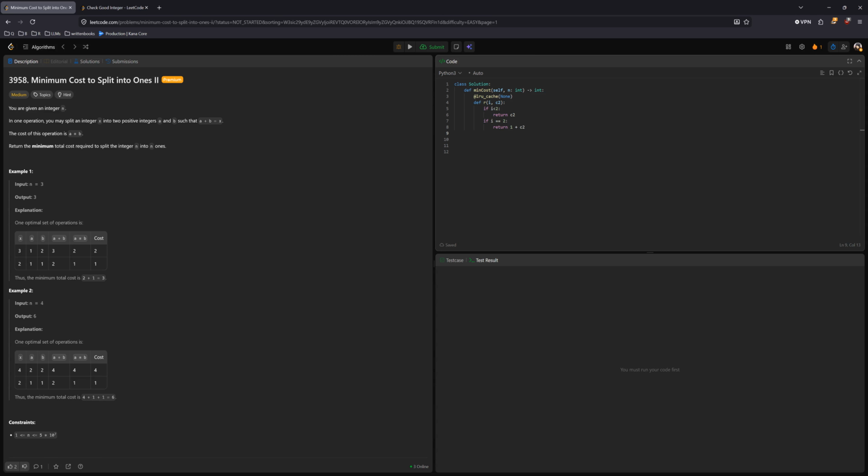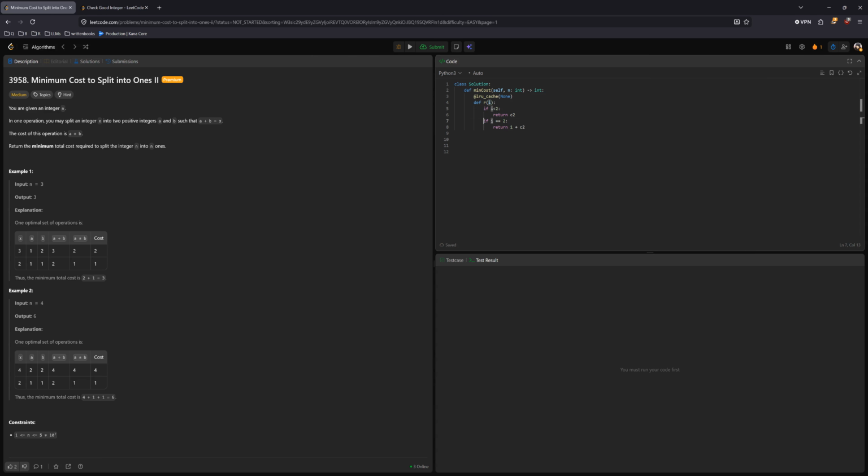So, you may split an integer x into 2 positive integers. Okay. So each one decomposes on its own. I was right. I was right at the beginning.